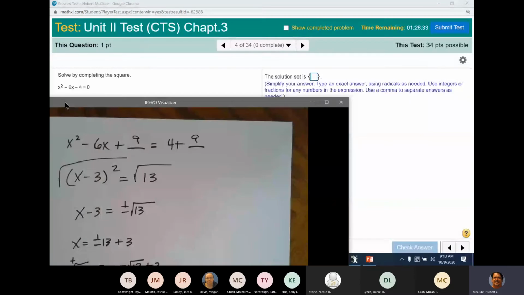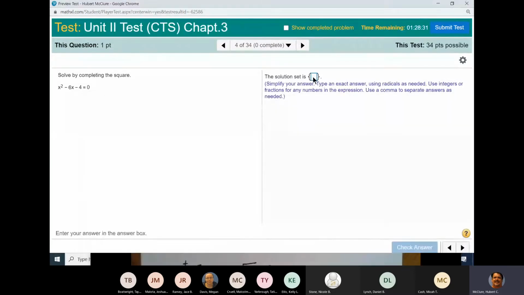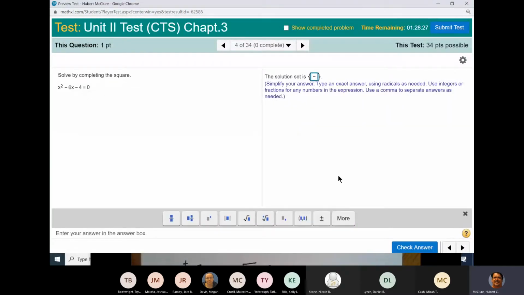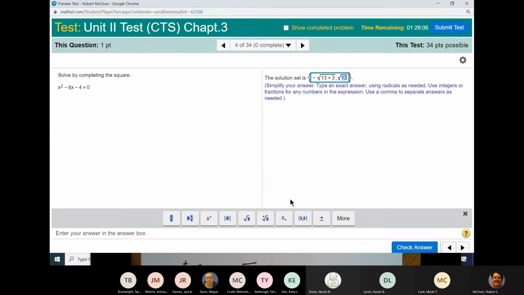So negative square root of 13 plus 3, comma, make sure you hit the right arrow, comma, and then the positive square root of 13, oh shoot, plus 3, and make sure you get out of the radical. Let me go back over here.